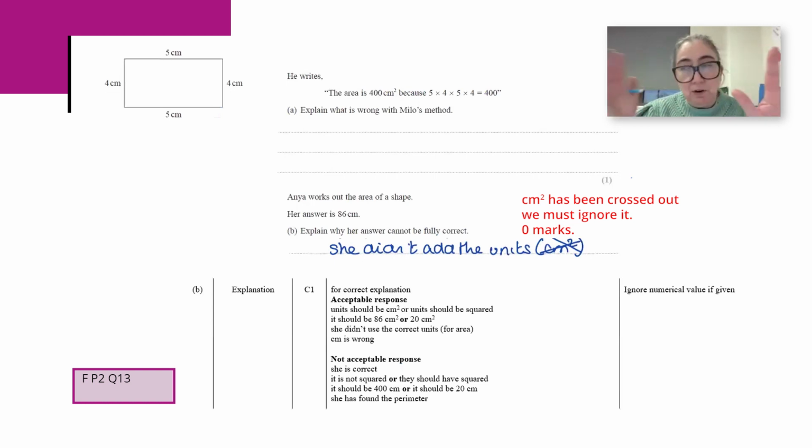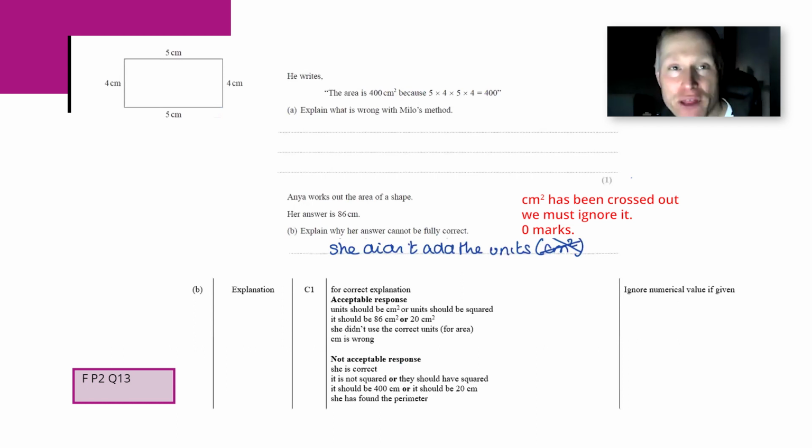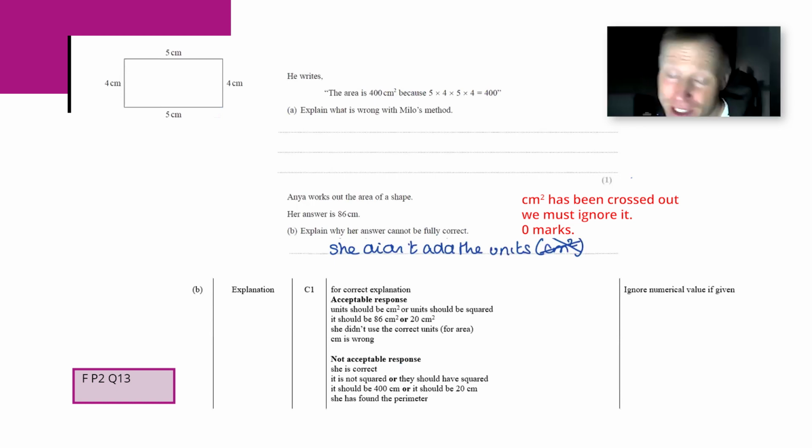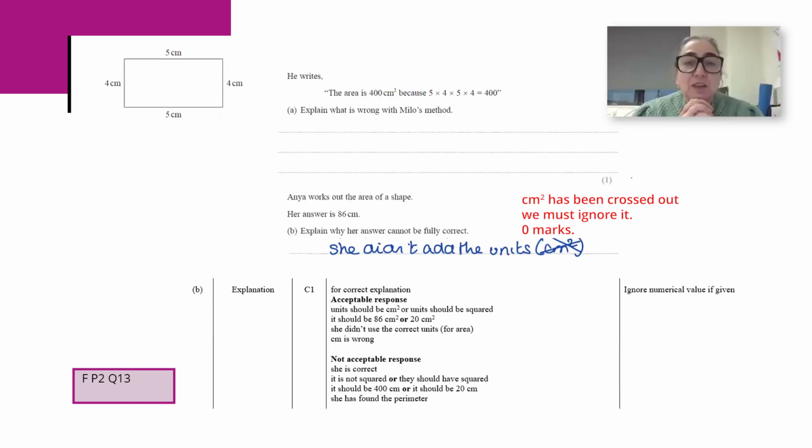If it's crossed out but not replaced, it's not there unless it's been replaced. Sorry, I'm getting myself confused again now. Yeah, if it's been crossed out and there's nothing else there, you can look at it. Yes. But if it's been crossed out and something else is there, you look at what else is there. Yeah. And so this was put on there.